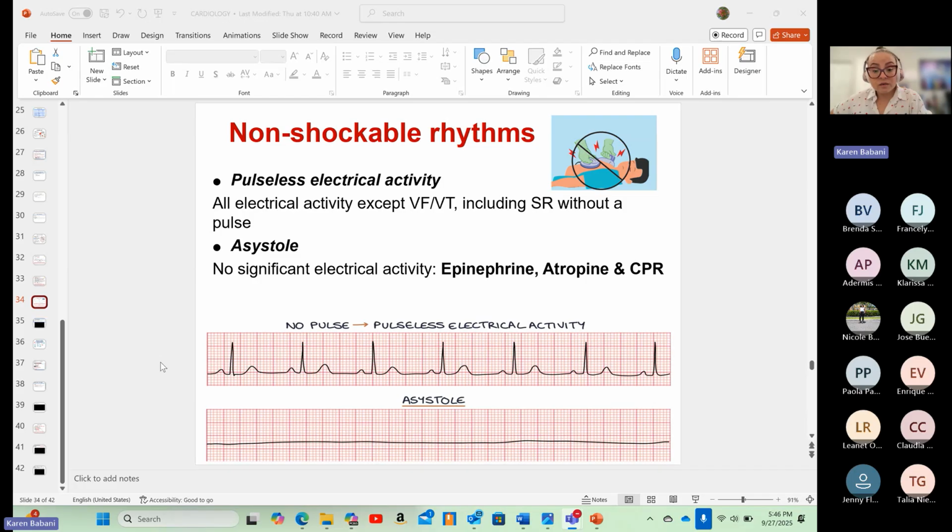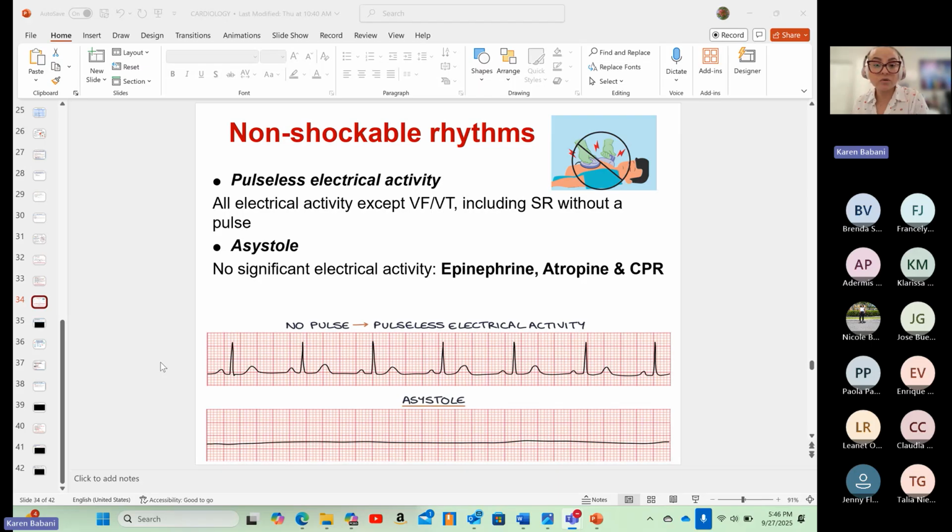Also, if you just look at the monitor and see that, you're going to say, oh, perfect, we saved them, and the patient's still unresponsive with no pulse. This doesn't mean that the patient has a pulse. This doesn't mean the heart is functioning. This just means that there's electricity in the heart, but the heart is not responding. So very important: you see this on the monitor without a pulse, you continue CPR.